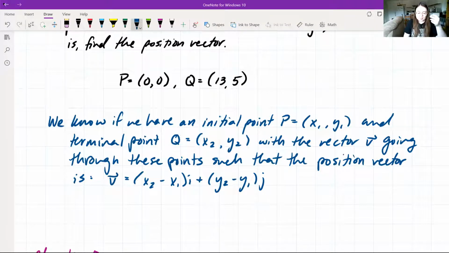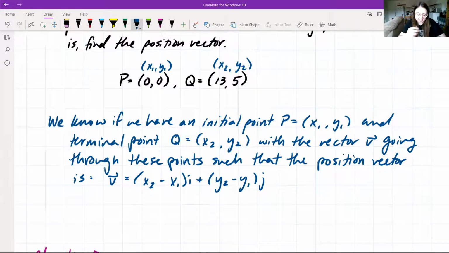So knowing that our position vector is of the form x2 minus x1 times i plus y2 minus y1 times j, we already know that 0, 0 is x1, y1, and 13, 5 is our x2, y2. So we already know the values of x1 and y1 and x2 and y2.